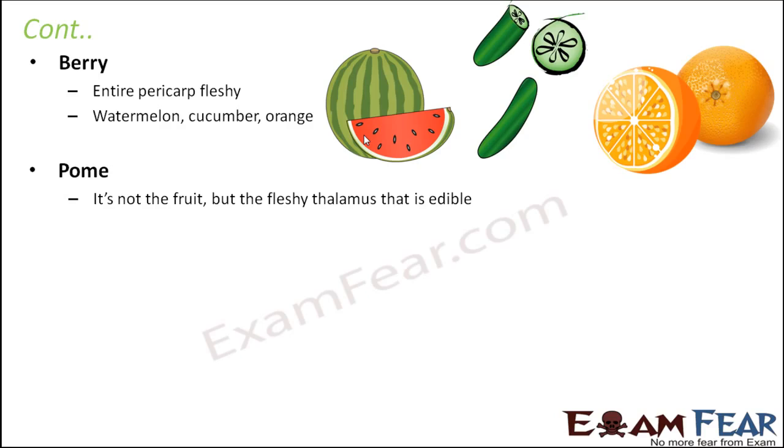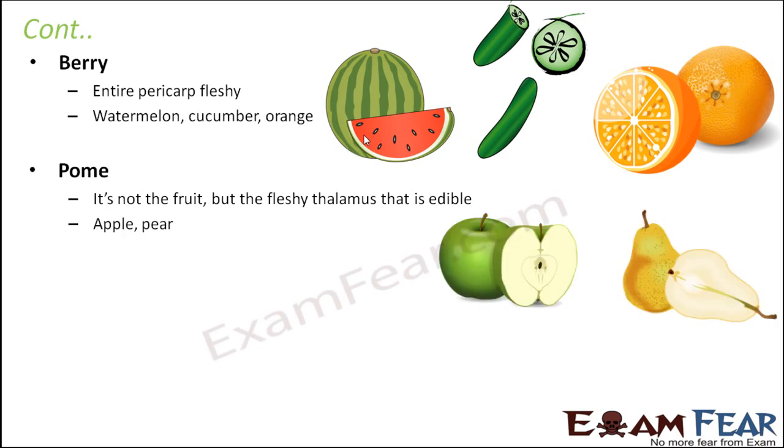So the fruit is not fleshy as such. The ovary is not fleshy, but the thalamus is fleshy and it is edible. Example is apple and pear. So they fall under the category of pome. But even they are simple fleshy fruit, because they are also fleshy and they also have a single ovary with one or many seeds. Drupe, only mesocarp is fleshy.